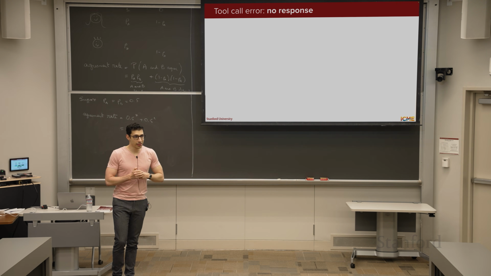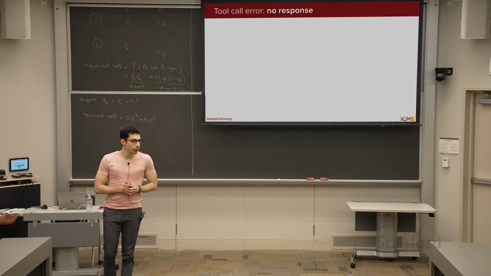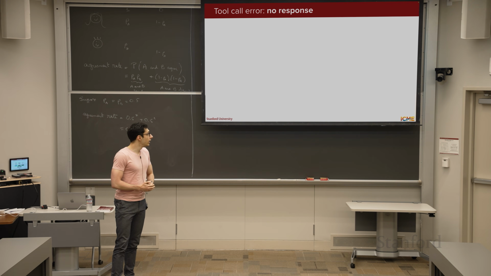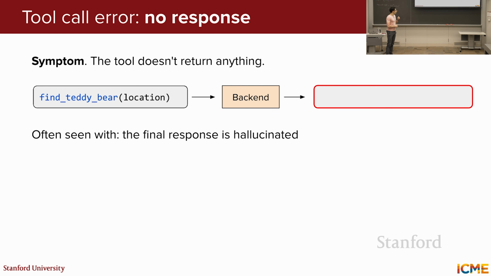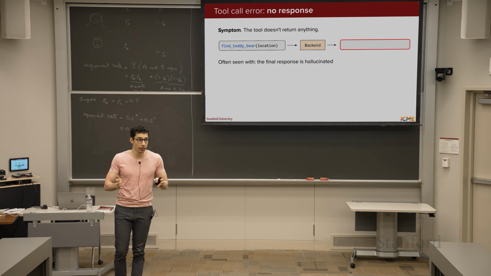And the second category of issues that we see at the backend level is when you return no response. And returning no response is often bad when the tool is one that performs an action. So let's say last lecture we talked about increasing the thermostat for your teddy bear who was cold. So if you increase the thermostat and the tool doesn't say anything, the model doesn't know if it has done the task successfully or not.